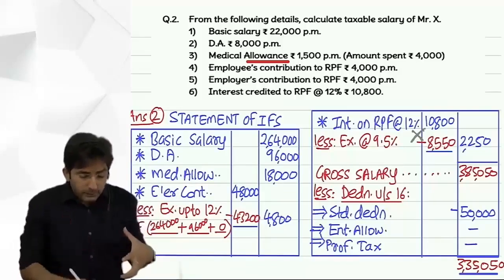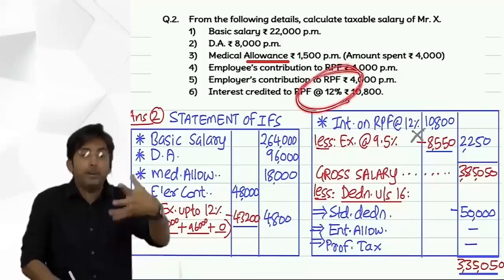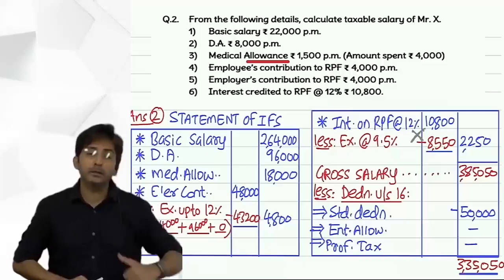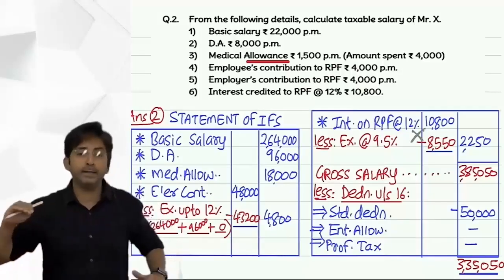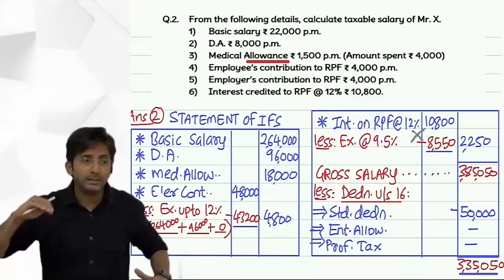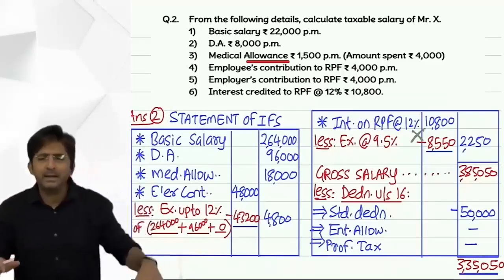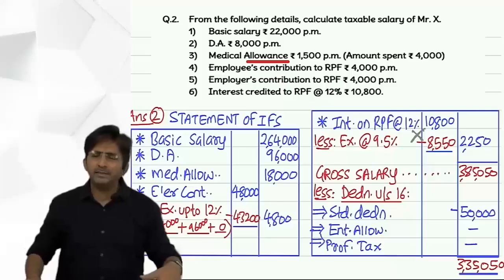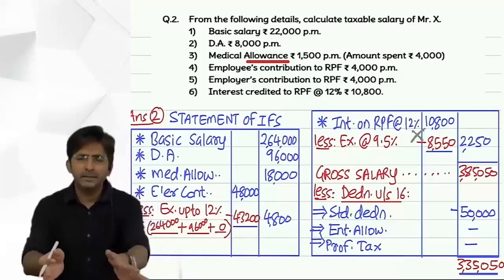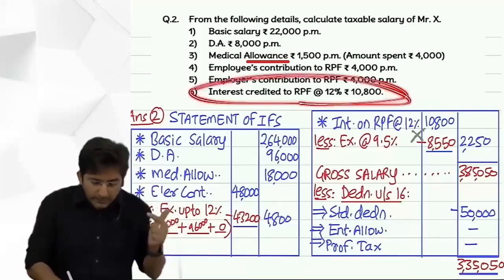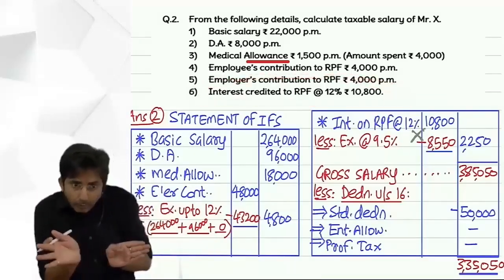See, in our question, deliberately the percent is a big 12 to test your knowledge. Tell me, if it is 12, then only 9.5 is exempt. To test your knowledge, purposely big rates are given. But let's be practical. In practical life, the rate is always 8-9%, which anyways becomes exempt. So there is no botheration to divide this into how much is employee's and how much is employer's.